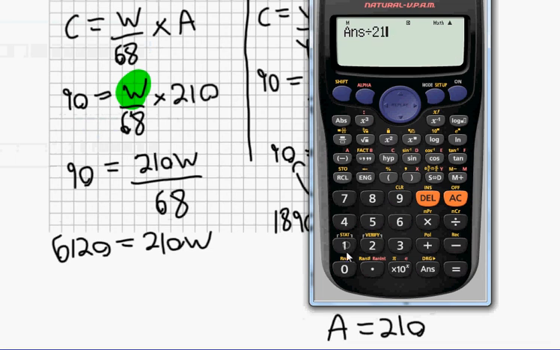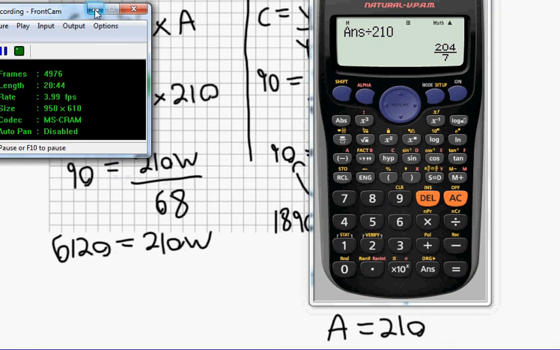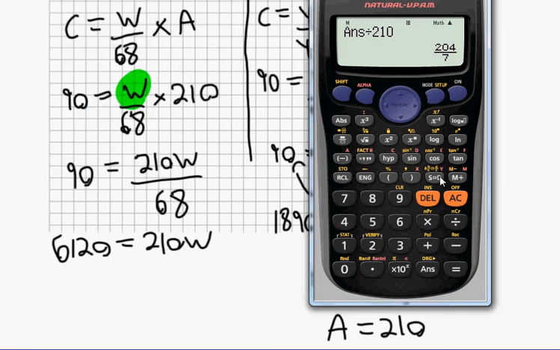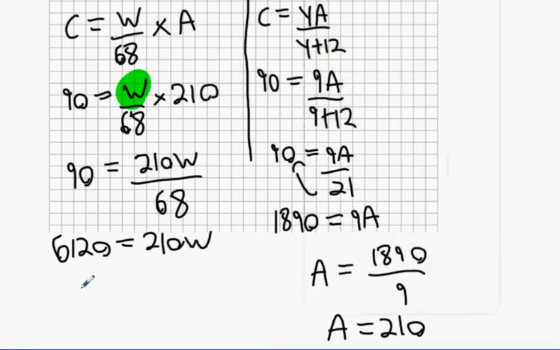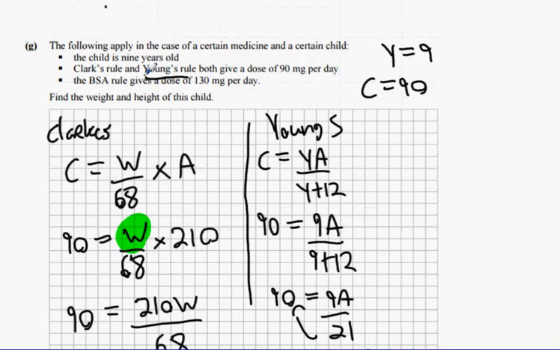And what we get is 29.143. You can keep it as that if you want, guys. I'd turn into decimals at this stage. So I'd just go for 29.14. W equals 29.14 kilograms.